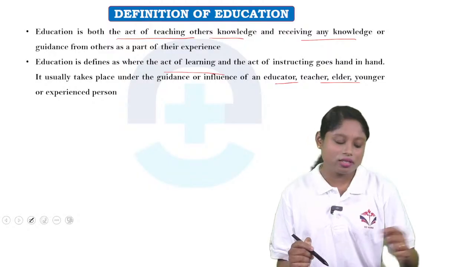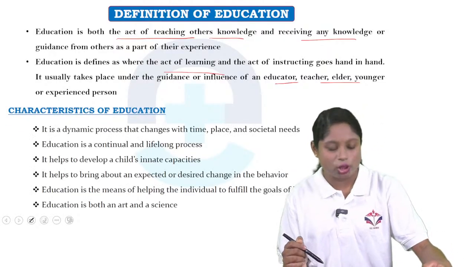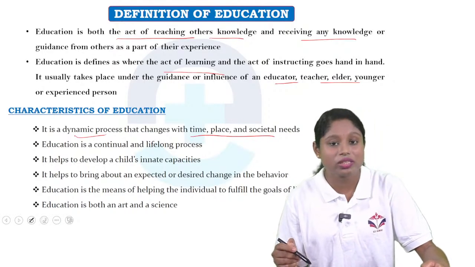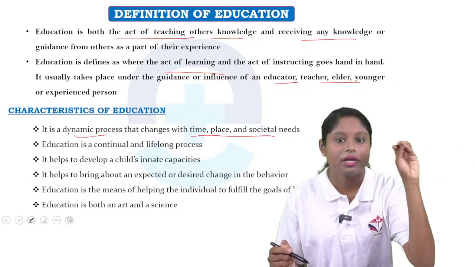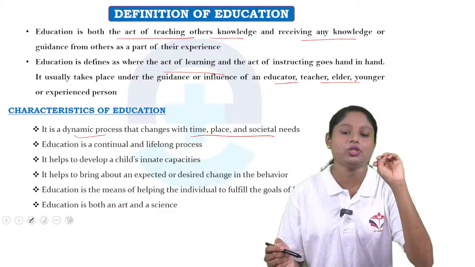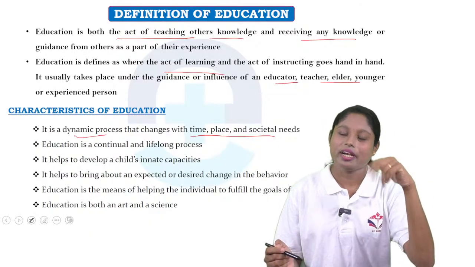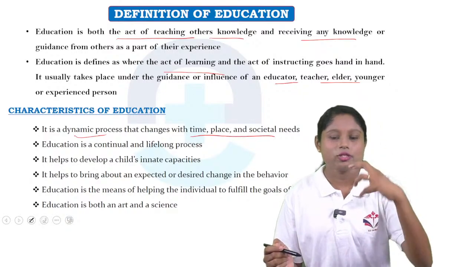Now we are going to discuss the characteristics of education. What are the main characteristics of education? It is a dynamic process that changes with time, place and societal needs. Before 50 years, the education system in India was different; we are not following that system now. Before, BSc nursing was a 4-year course. Now it is a semester course, 8 semesters in total. That is the difference.